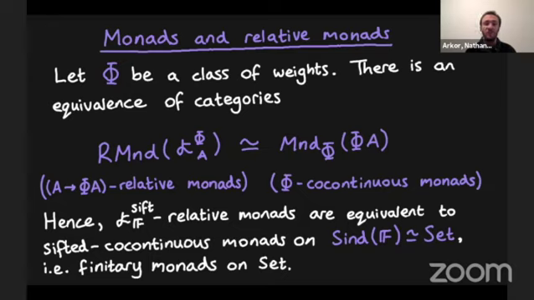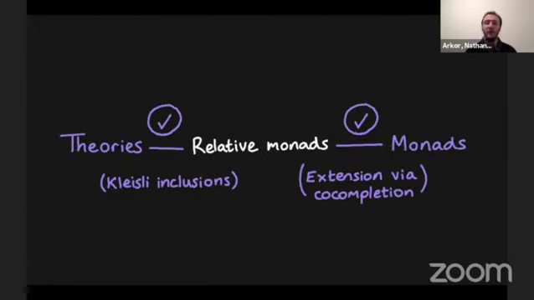So these are the same as finitary monads on Set. And hence we now have this equivalence between algebraic theories and monads, which is very elementary in a sense. In particular, we haven't made use of any monadicity argument. It proceeds directly from the definition of algebraic theory and from monad.